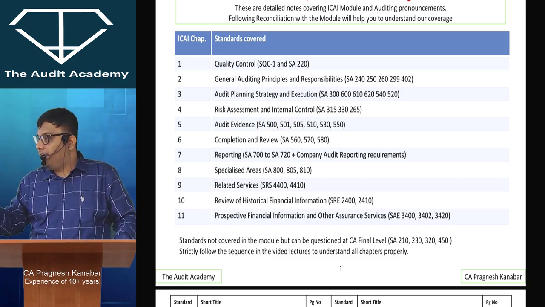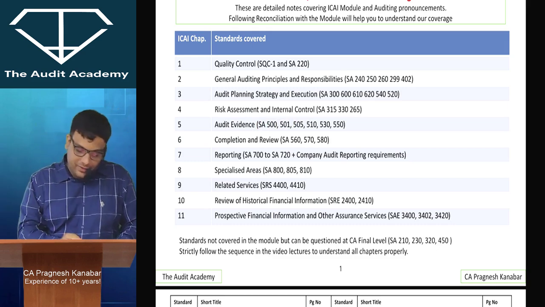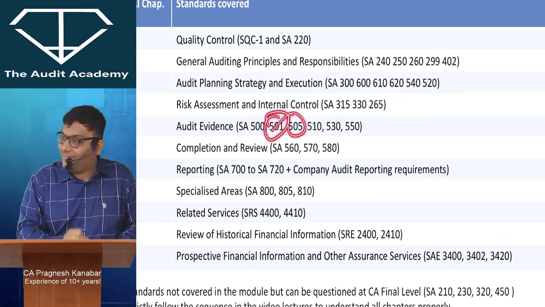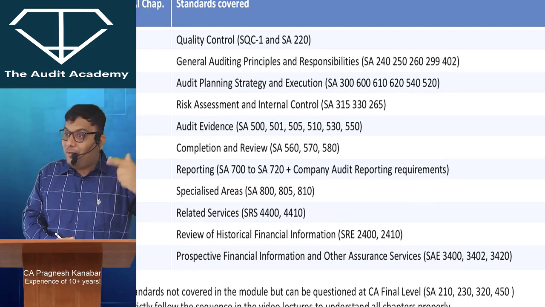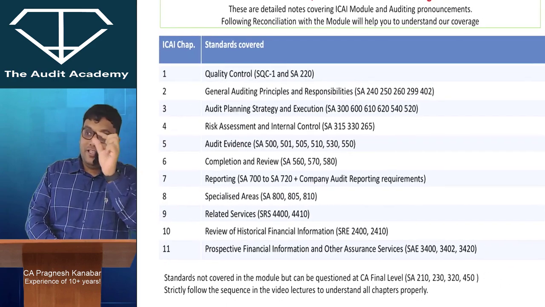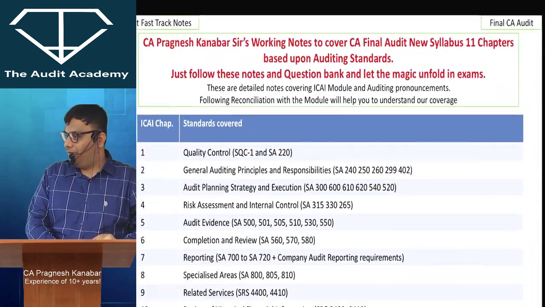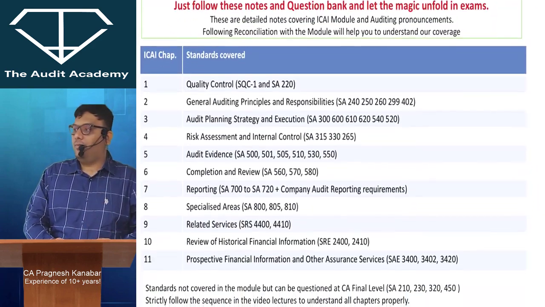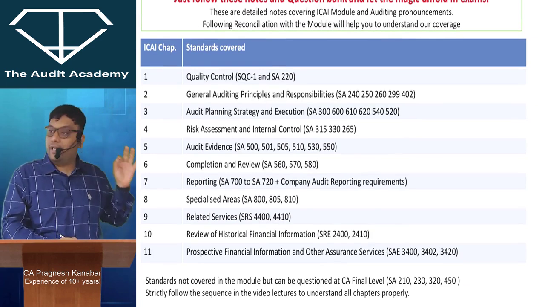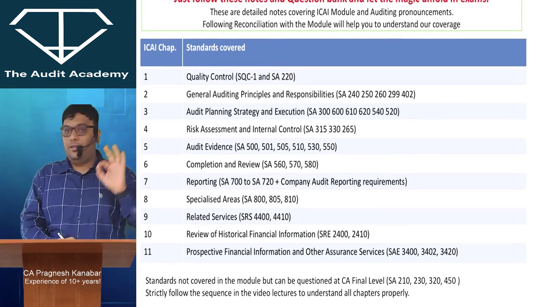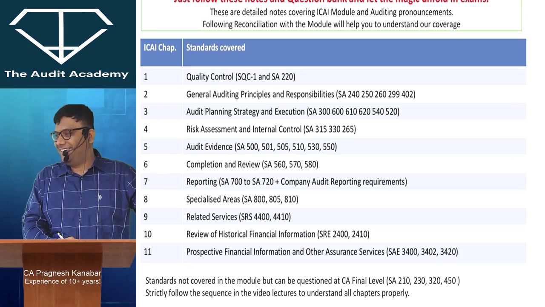And then students feel like, yes, I'm done with the chart. And it's over. And you feel like you have done it from the module. But when you look at the first 2 pages of the module, they will tell you that in some standards, we have just given revision charts because we assume that you know the concept from Inter CA.